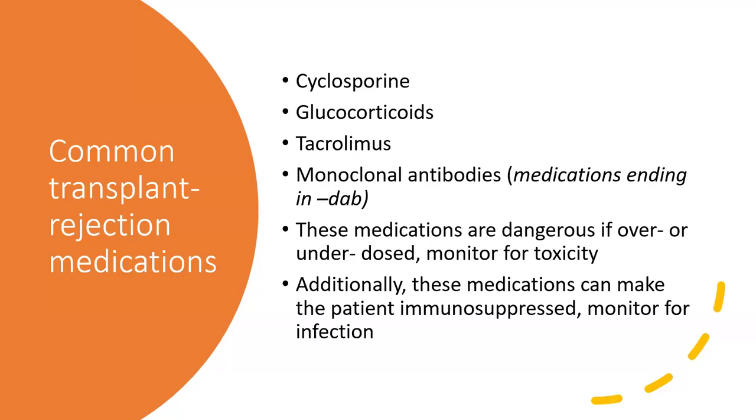We use steroids as well in cases of acute rejection where we're trying to temporarily turn off the immune system. These are used in conjunction with cyclosporin. Tacrolimus is a newer transplant rejection medication. It works the exact same way as cyclosporin, and it is an immunosuppressive drug.